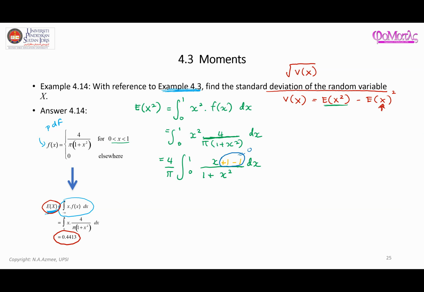This is what we call doing some sort of manipulation, and you will see why I did that later on, because then I'll be able to express. Okay, let me just show you what happens next.